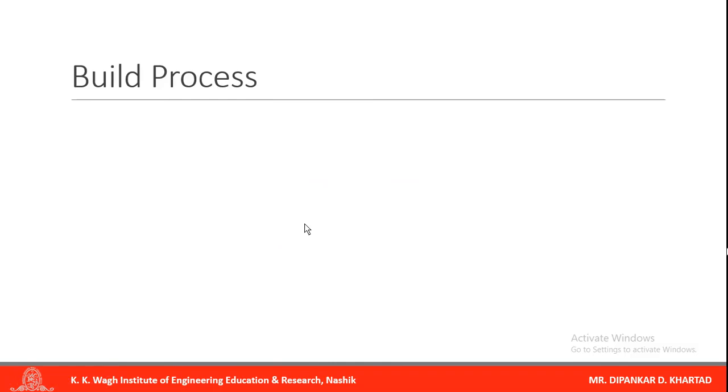Now let's have a look at how the build process will work. There will be a source file, that is C or C++, or assembly. Maybe this C or C++ file will contain the main file, and this file contains all the C files related to, what? Related to our lcd.c, or any C file related to other hardware parts.